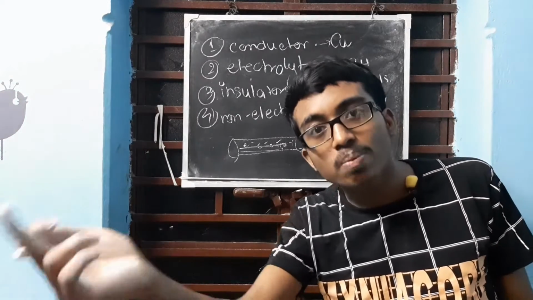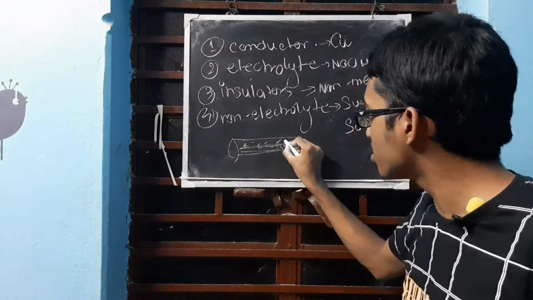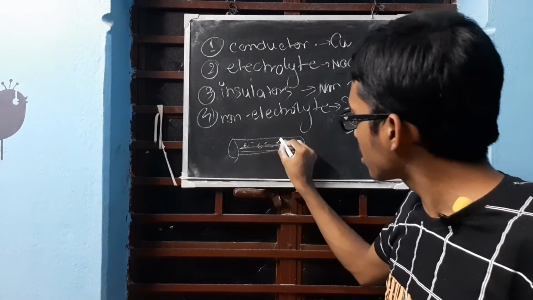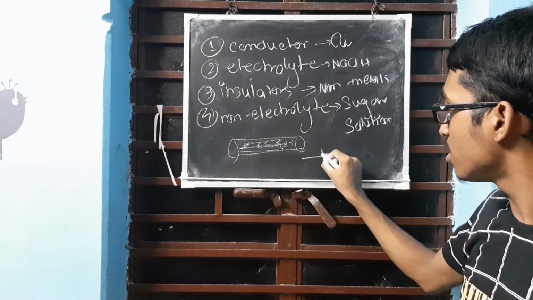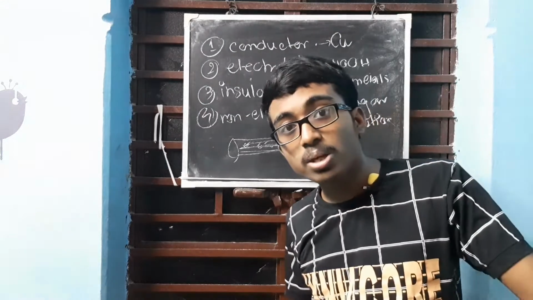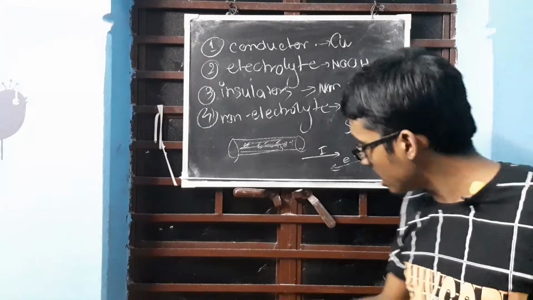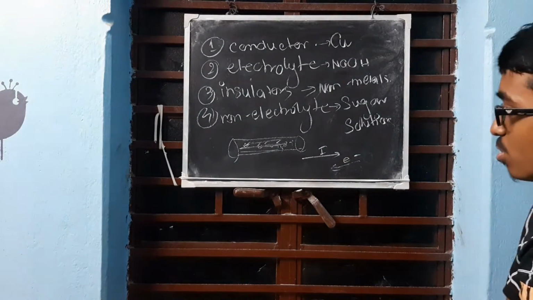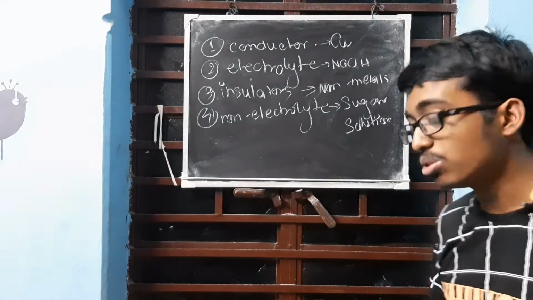If current is flowing in this direction, then electrons will flow in the opposite direction. So in case of metallic conductivity, current is due to electrons.